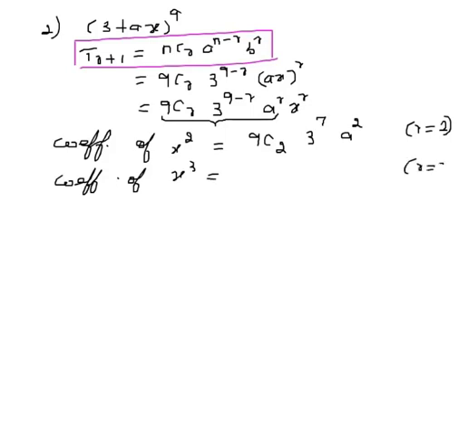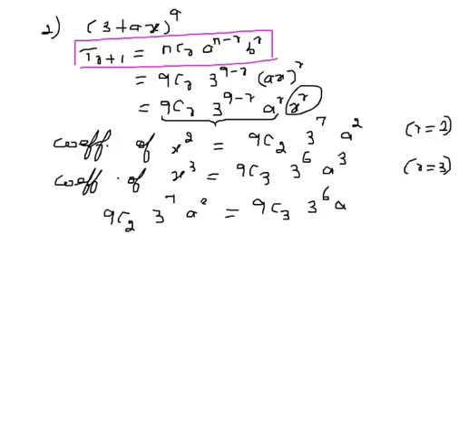Here r will be 3 because we are writing the x^3 term. 9C3, 3^(9-3), which is 3^6, and a^3. And these coefficients are equal, it is given in the question. So let us equate them. 9C2, 3^7 a^2 is equal to 9C3, 3^6 times a^3.